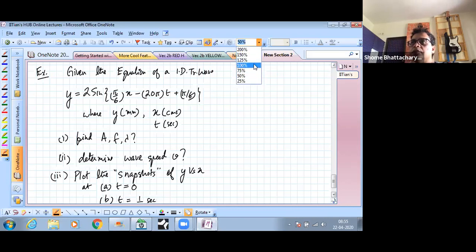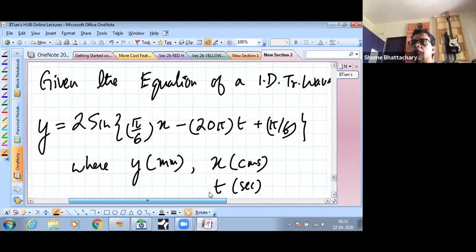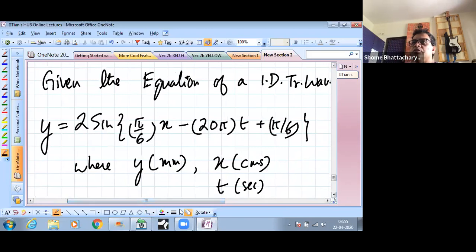So let us look at the interpretation of this equation first. In this equation, we can understand that this quantity is k, and this is in centimeters. So k is equal to pi by 6, but what is the unit? Radians per centimeter.